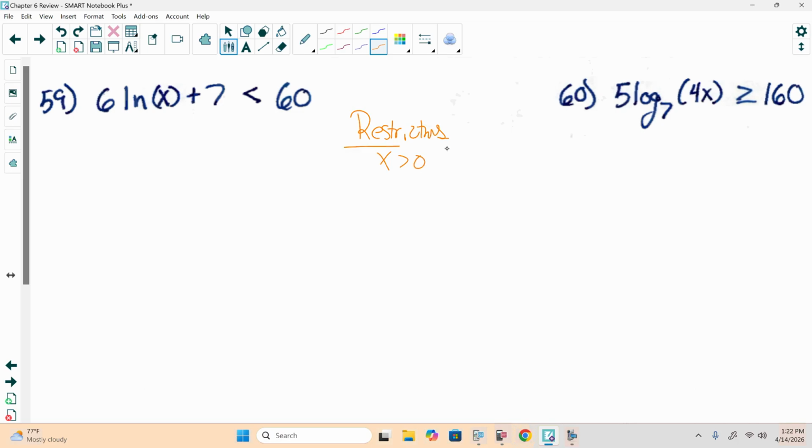X has to be greater than 0, because the only expression we had inside the logarithm was x. We're not going to worry about the power property moving it back up. This is what they gave us. This is the starting problem. If it had started out as the natural log of x to the 6, we would treat it differently, because that's the original starting problem. But I would want to get this natural log by itself first. Always start off with addition, subtraction.